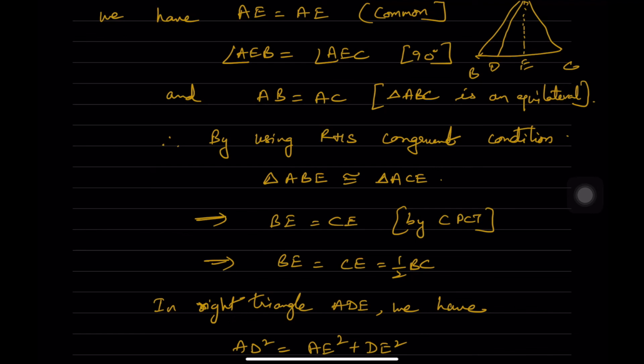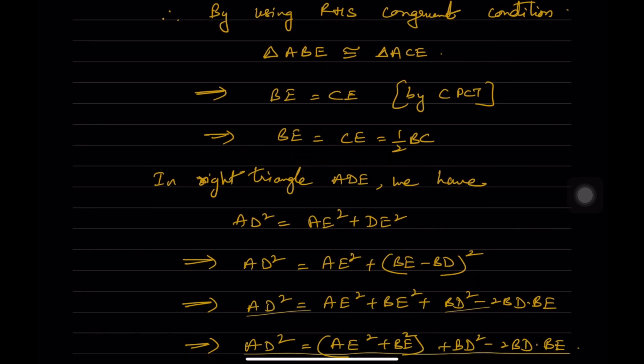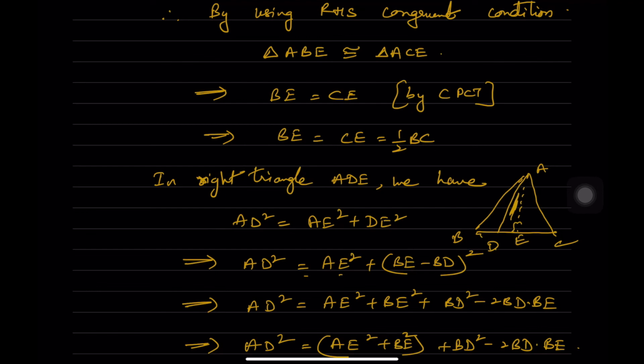So in triangle ADE, we have AD square is equal to AE square plus DE square. Again, if you draw the triangle here, A, B, C, this is AD, and this is AE. You can see that DE is nothing but BE minus BD.